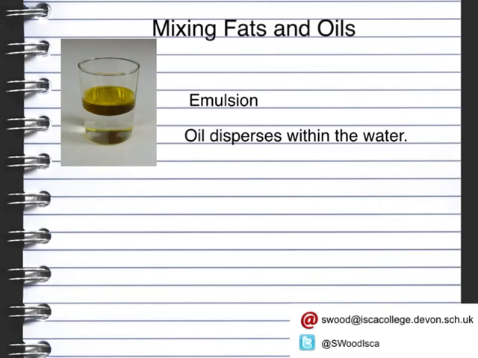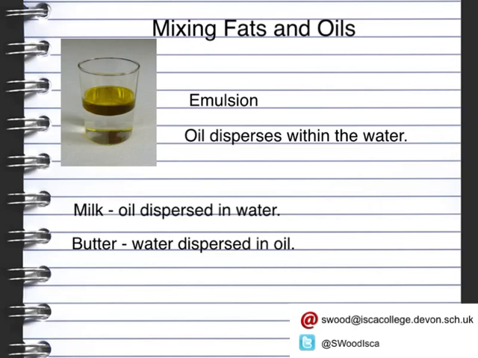We can get an emulsion of two types. For example, milk is oil dispersed mainly in water, whereas butter is water dispersed in oil.